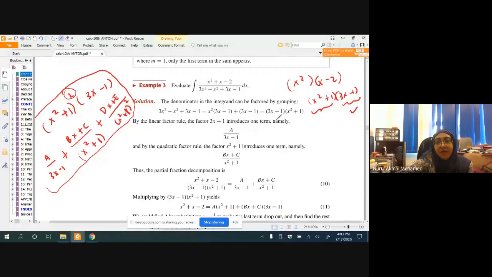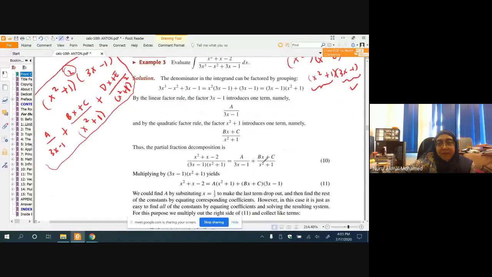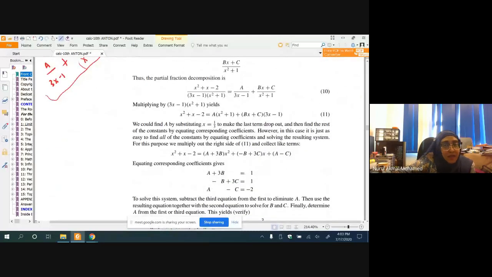But our integral is much simpler than that. It's just this one, x squared plus 1. So the expression is bx plus c divided by x squared plus 1. For the 3x minus 1, the coefficient is just a, as it is linear. Any questions?